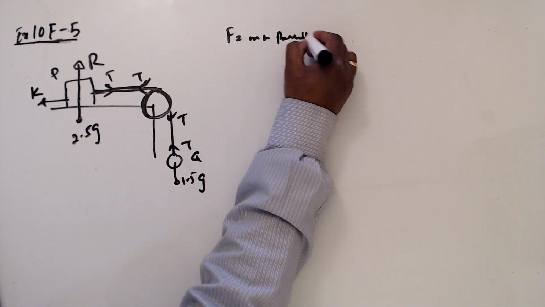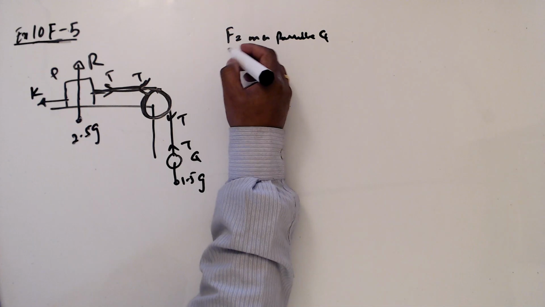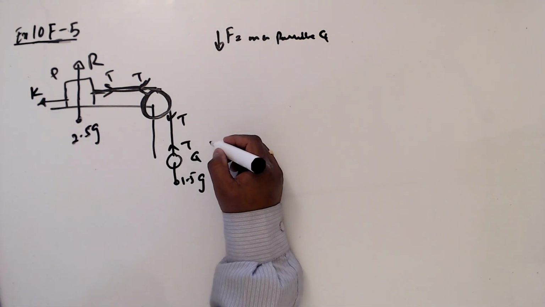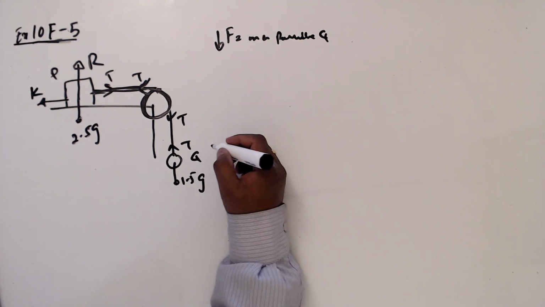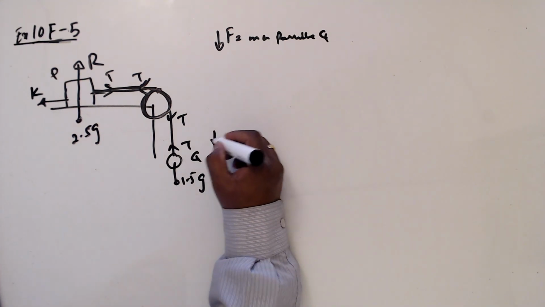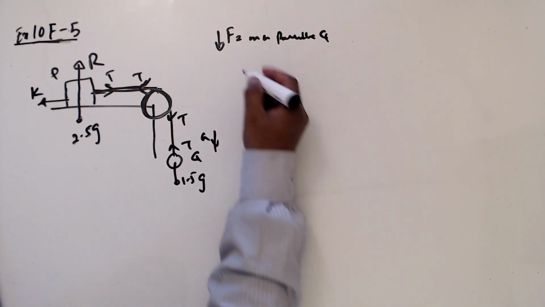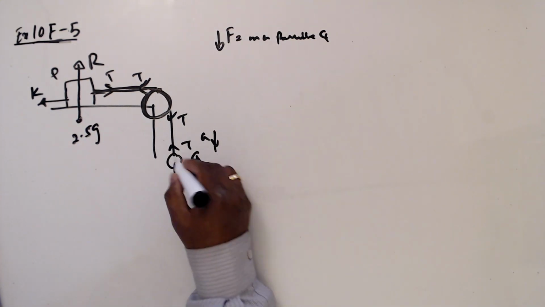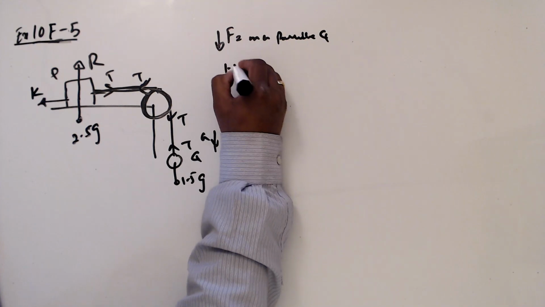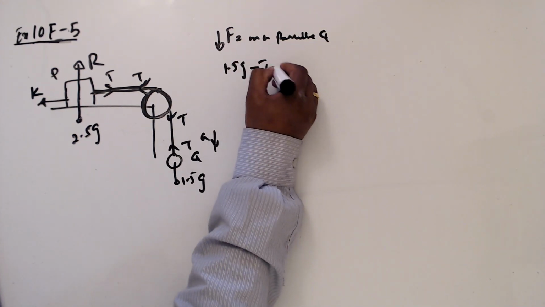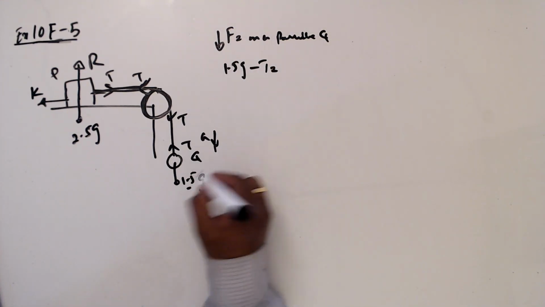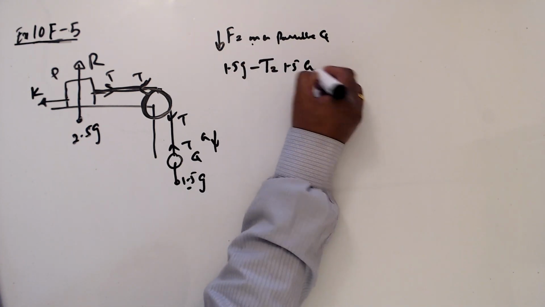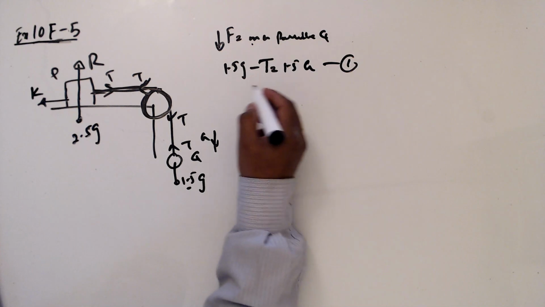Particle Q is moving downward. When we consider this particle, there are two forces: 1.5 g minus T equals mass 1.5 times a. That is the first equation.